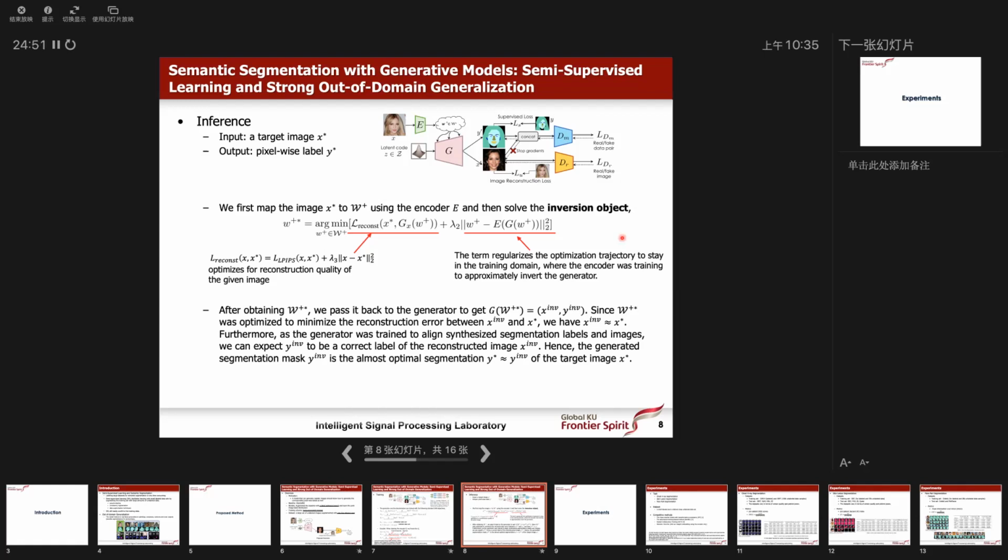Because this is a semantic segmentation task, so when testing, we will have one image, and we want to get the segmentation map of this input image. So the proposal is different from the StyleGAN to some degree.